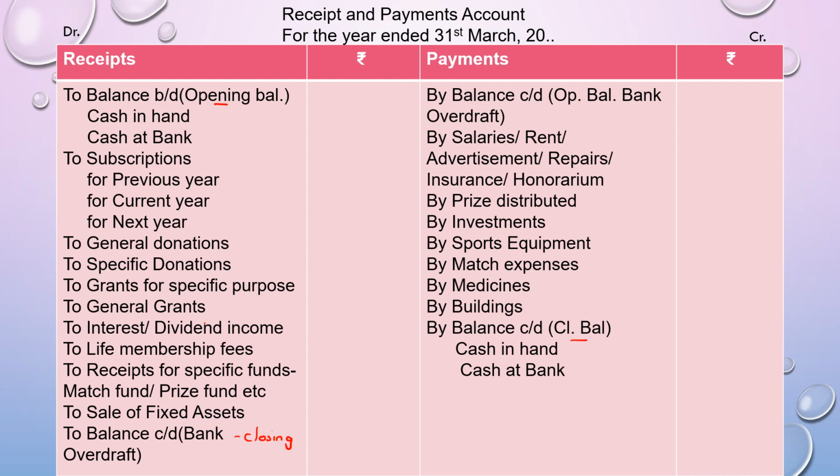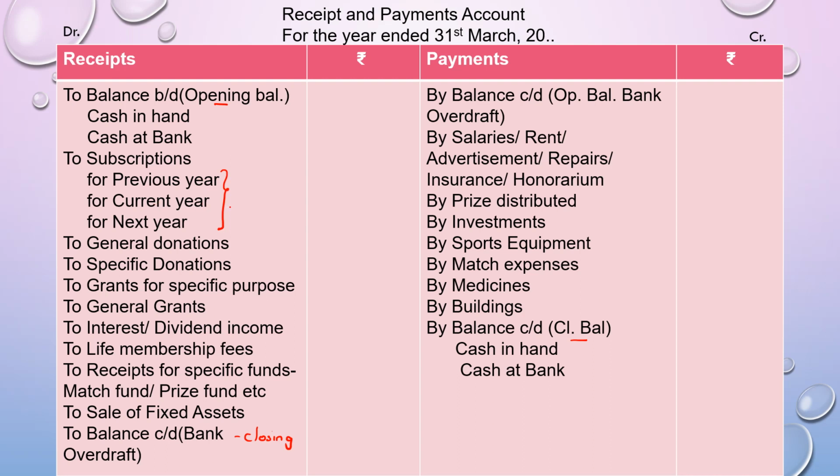So from this, you observe that whatever has been received during the year comes on the receipt side. Here we are not making any distinction. We see that when it is subscription, you have received amounts; a certain amount will be related to the previous year, which the member had not paid in the previous year and is paid now. So it has been received this year.